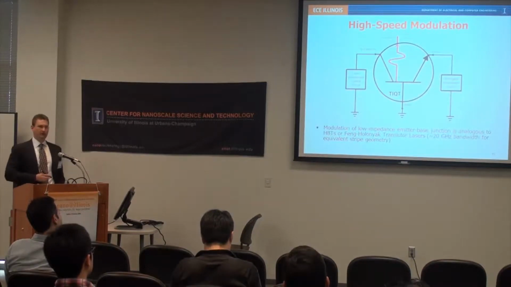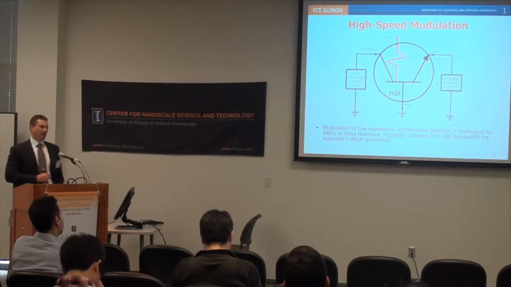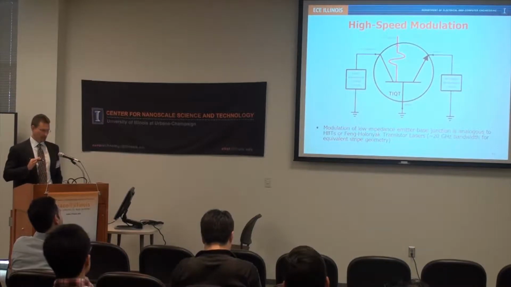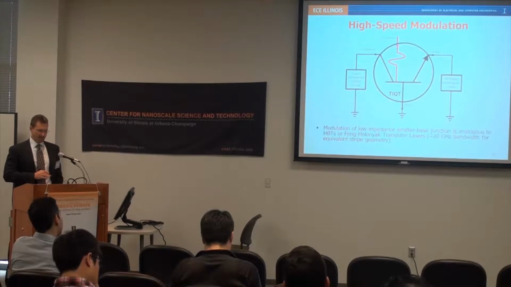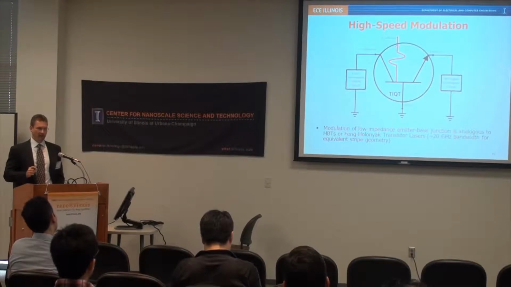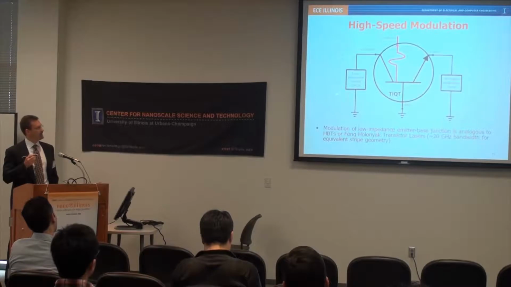We can also modulate this device at high speed. The N+IN QCL has a very high operating voltage, and while the fundamentals would allow that to operate very rapidly, there are some practical things which make that problematic.